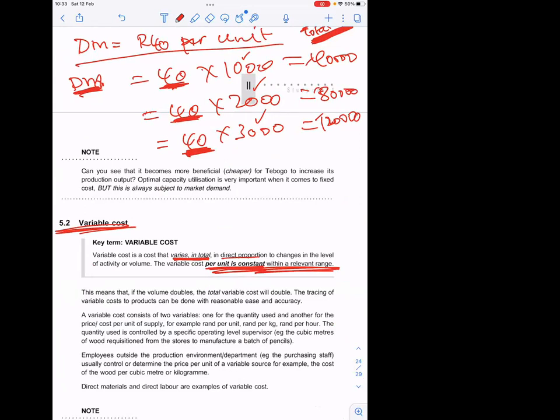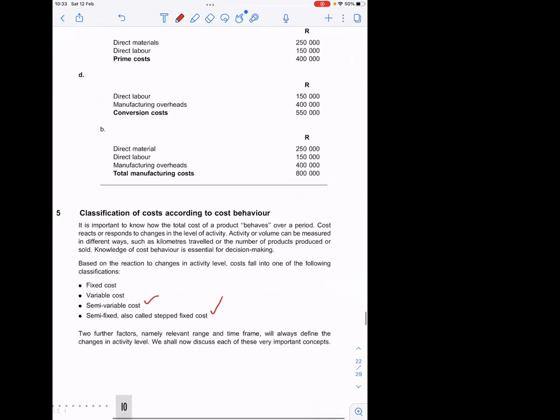Once you go beyond, there might be some alteration. And that going beyond the relevant range might trigger the issue of what? Of this semi-variable cost and semi-fixed cost. Okay, so they are triggered as one goes beyond the relevant range.